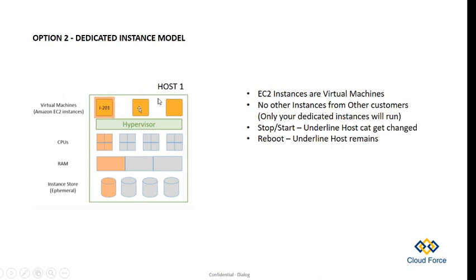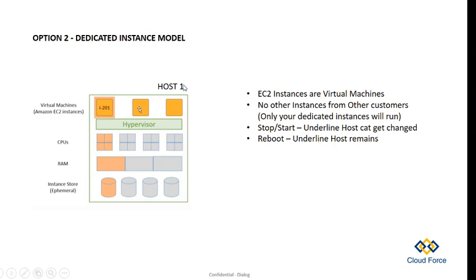No other customers' VMs or EC2s will get placed on this host. Only your dedicated instances will get placed here. That is a pretty important thing to understand. In the dedicated instance model, other customers' instances will not get placed. Only your dedicated instance will run on this host 1.